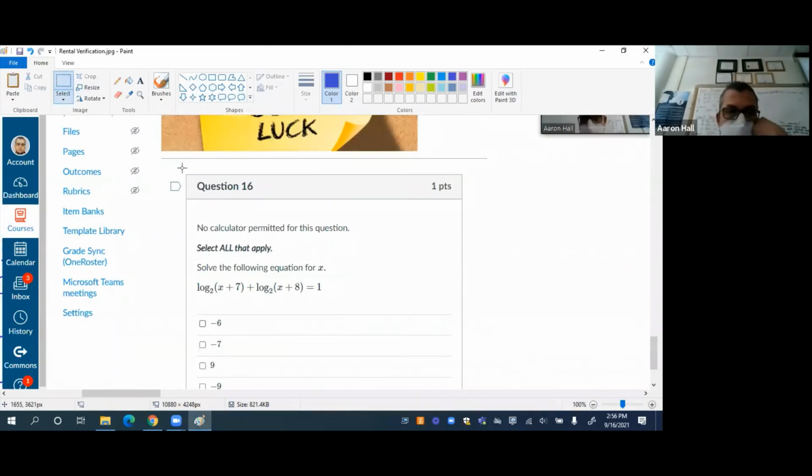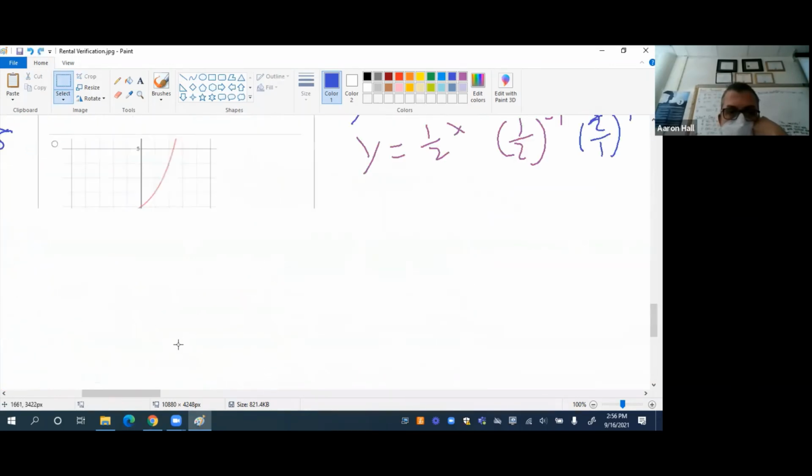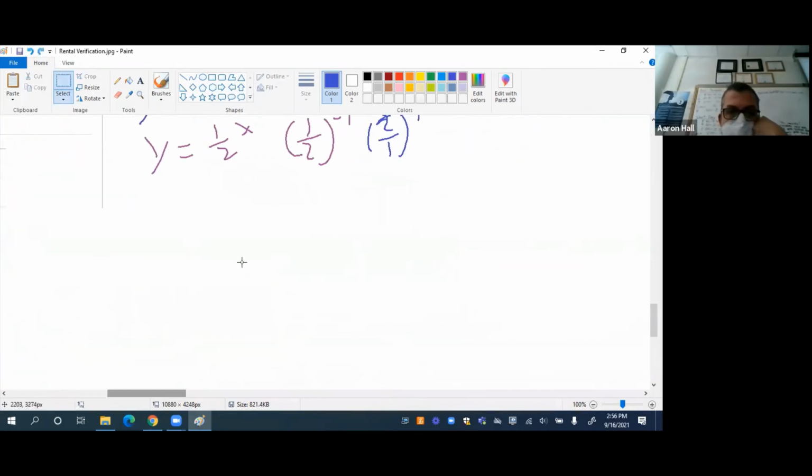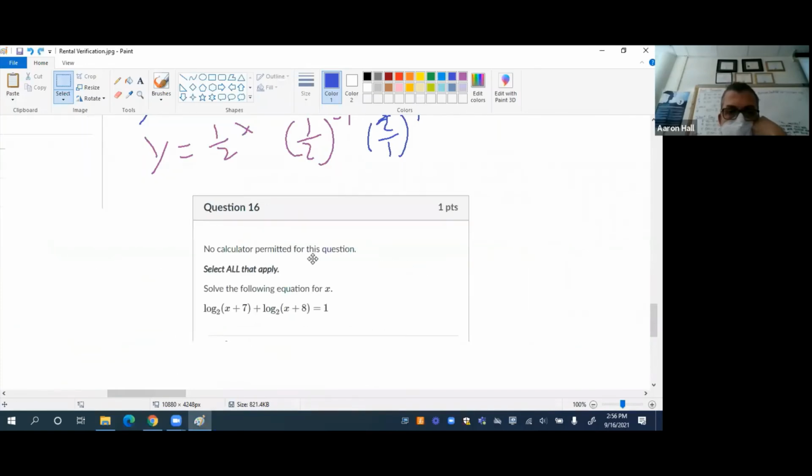Number 16. Any suggestions of where to start with 16?